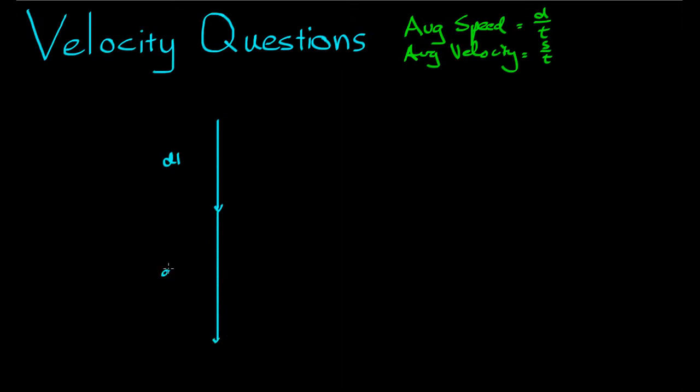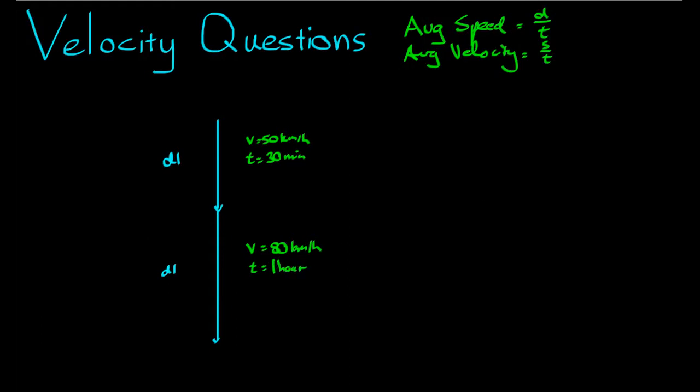So we have D1 and D2: the first velocity was 50 kilometers per hour and the time was 30 minutes, and the second was 80 kilometers an hour and the time was 1 hour.